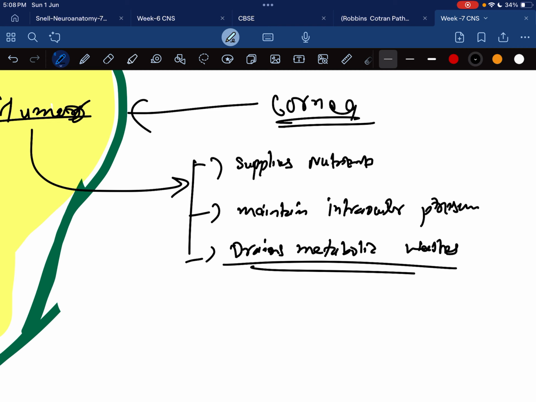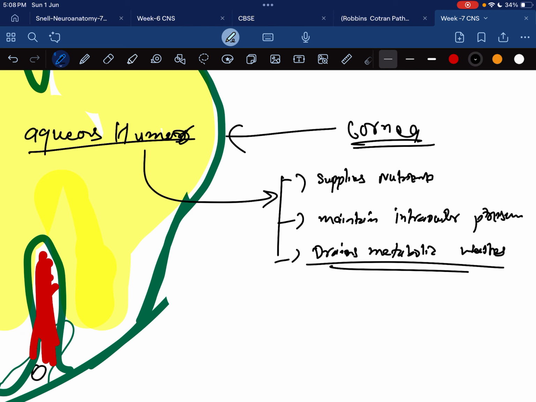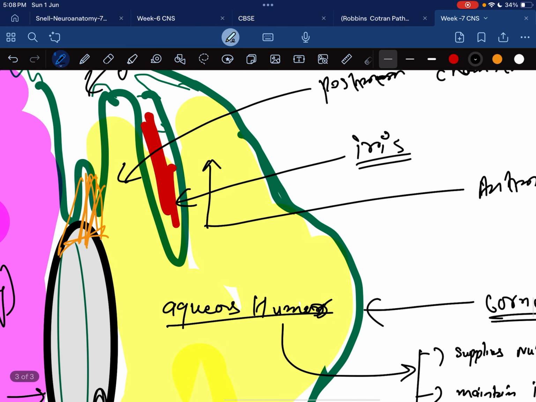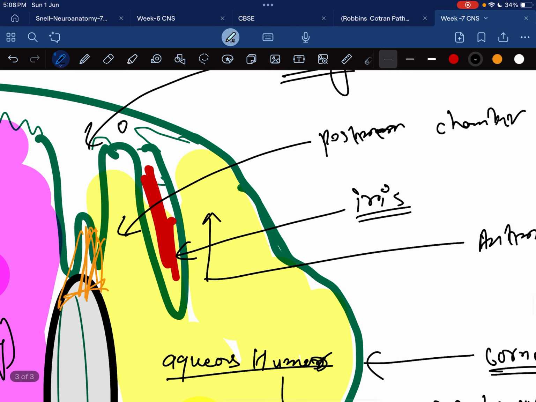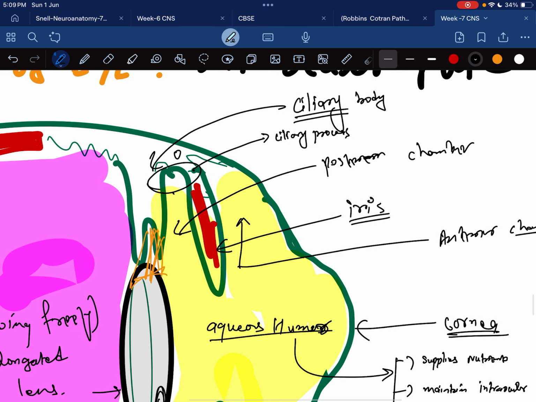When we look at the formation of the aqueous humor, it is made in the ciliary process. This is the ciliary process, in the ciliary body, and the ciliary body is a folded epithelial structure behind the iris.